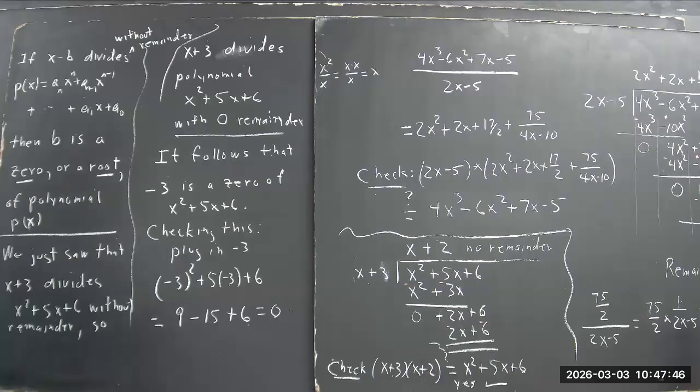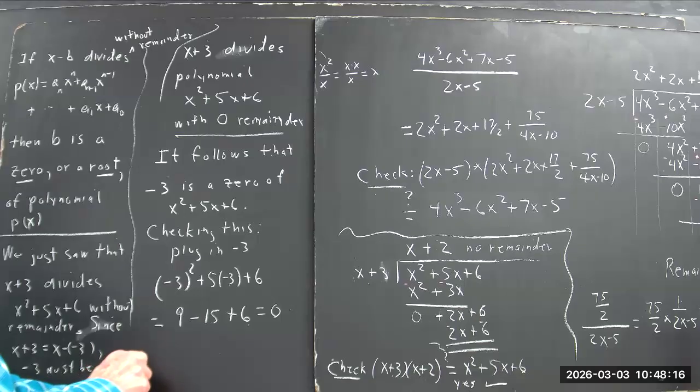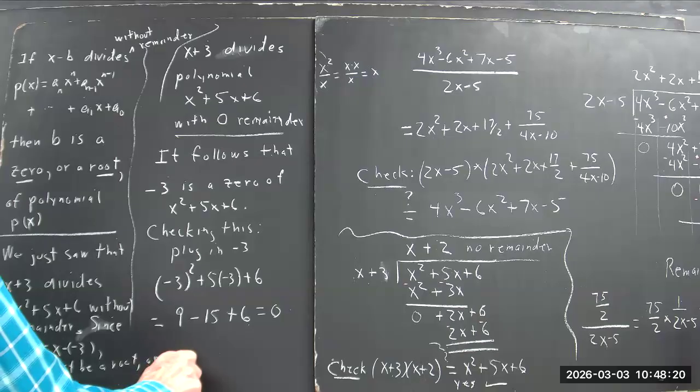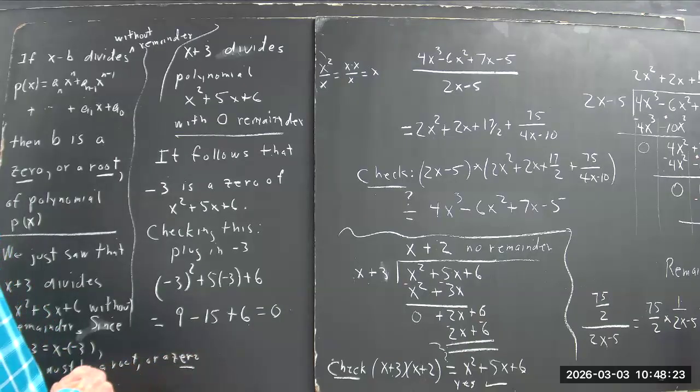So I'll write differently. Since x plus 3 equals x minus negative 3, x minus negative 3 must be a root or a 0 of x squared plus 5x plus 6.